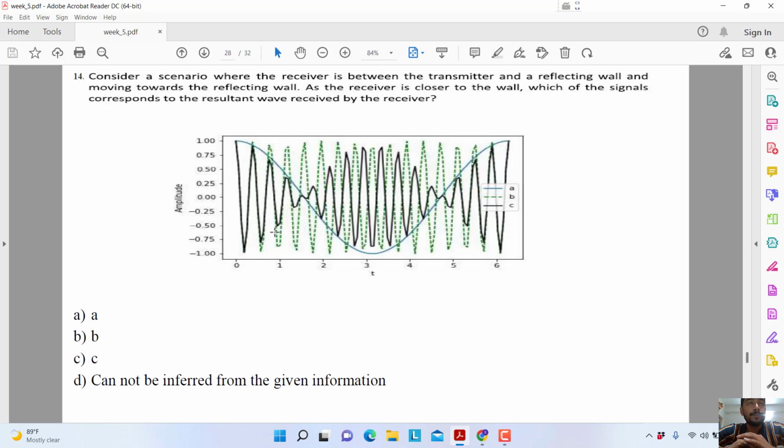Next question. Consider a scenario where the receiver is between a transmitter and a reflecting wall, and is moving towards the reflecting wall.